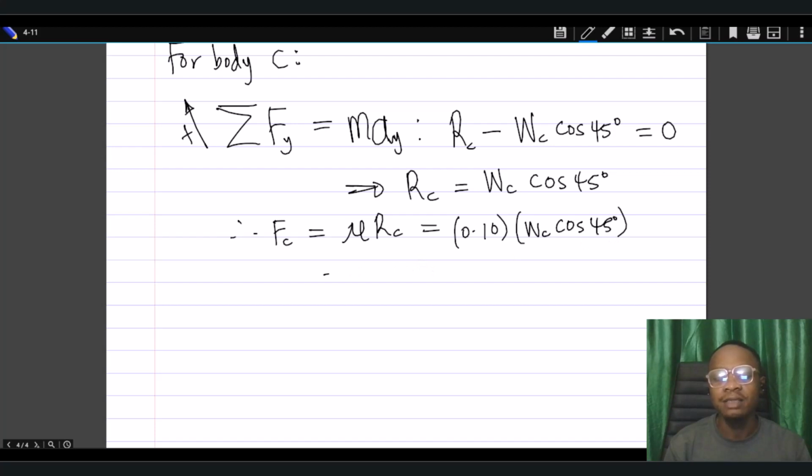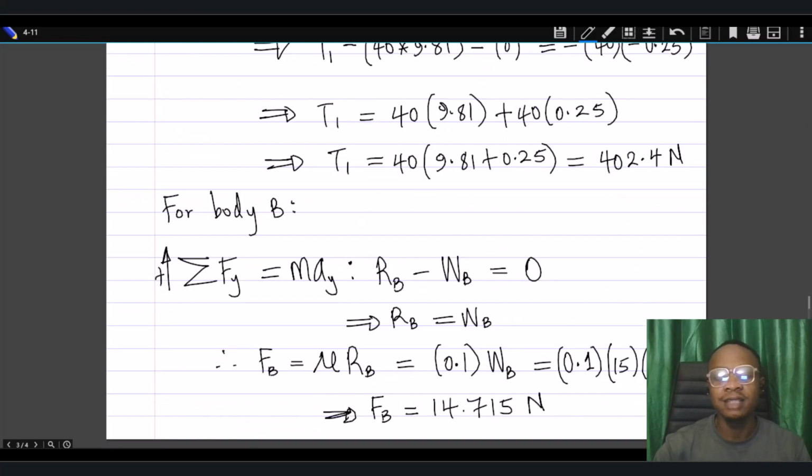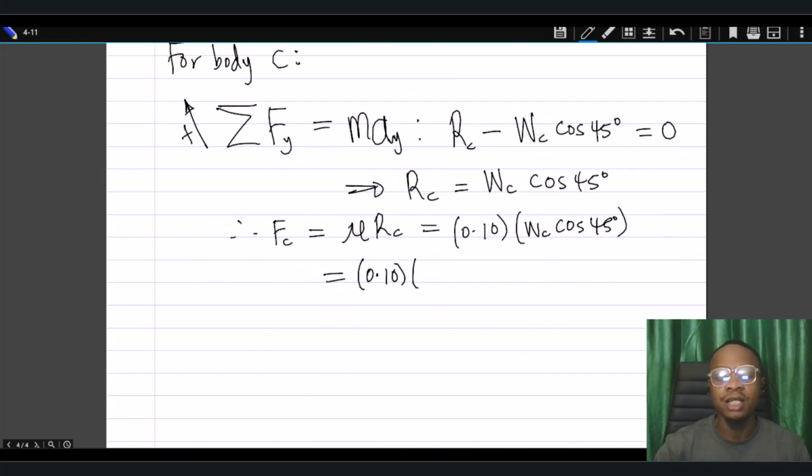And by that, this is 0.10 into WC, the weight of body C. We know that for body C, the mass as provided in the problem statement is 10 kilograms. So we have the mass of C, which is 10 kilograms, multiplying the acceleration due to gravity, that is 9.81, and then multiplying cos 45 degrees.